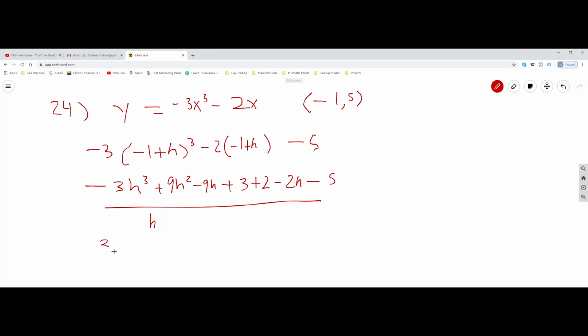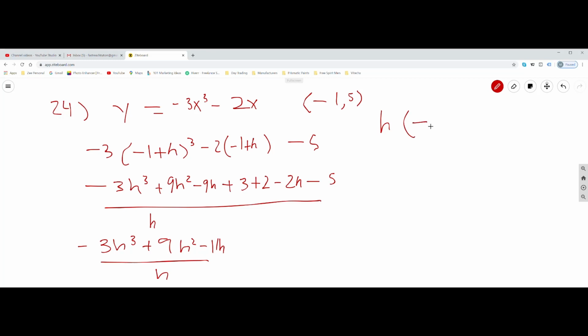And then you're left with negative 3h cubed plus 9h squared minus 11h over h.